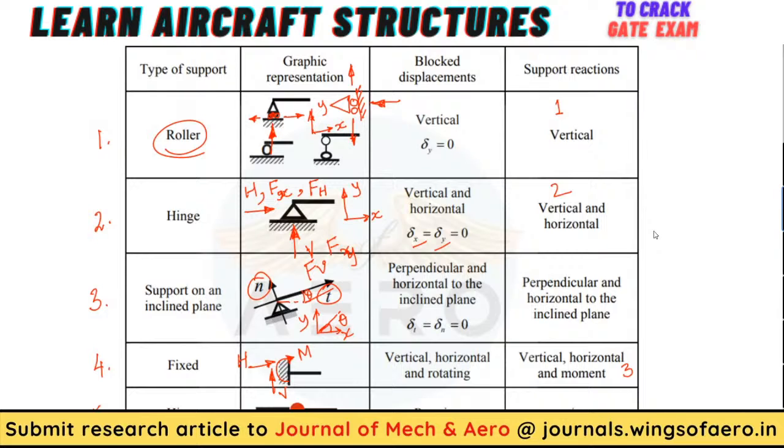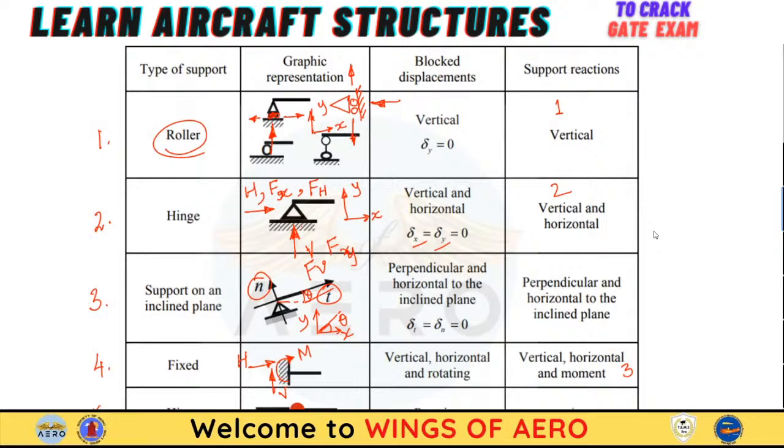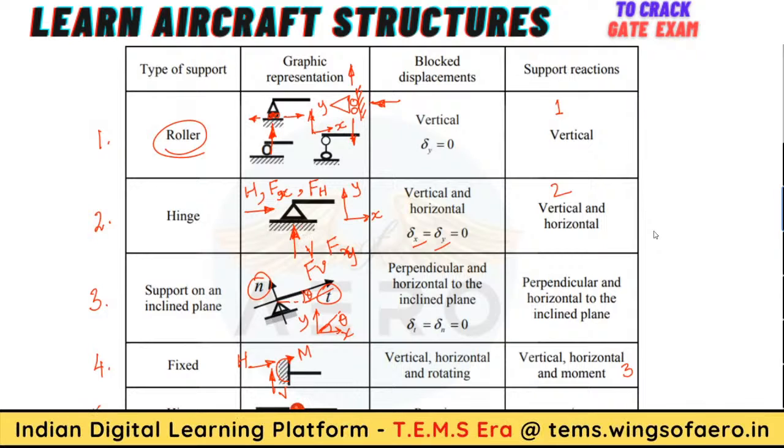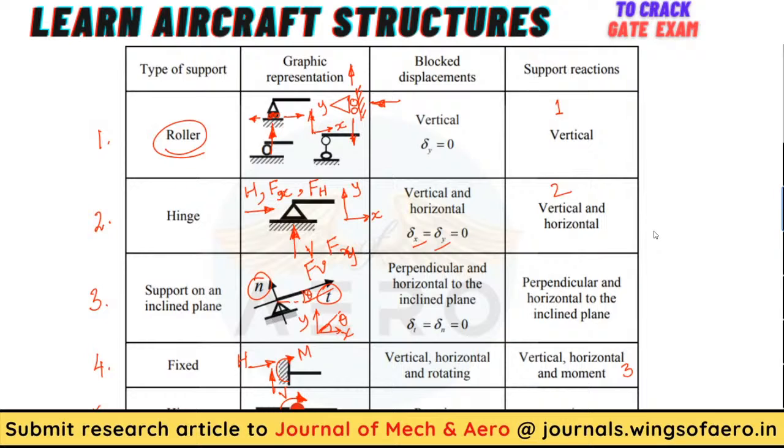Now in case of a hinge, sometimes you can see this kind of representation. There is a difference between two different hinges. In between the beams, if there is a dot or a circle, something like that, on that hinge there will be some kind of movement acting, some rotations.